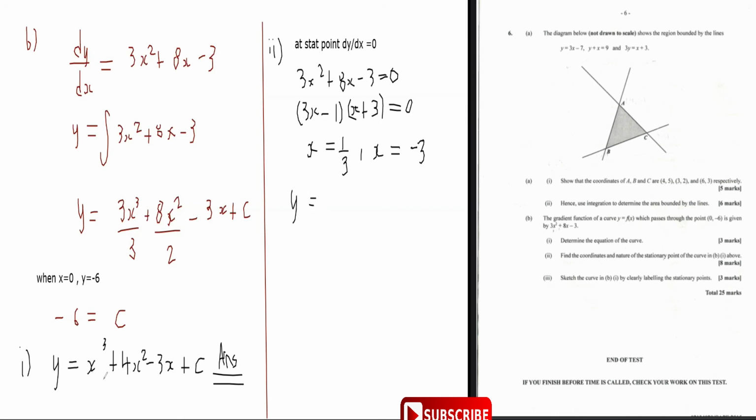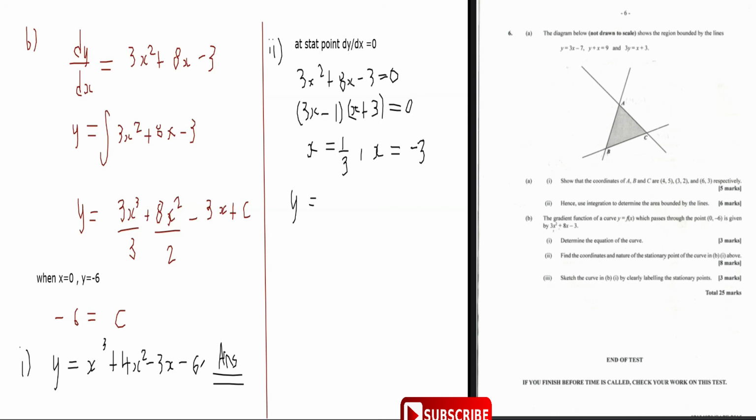So plugging in 1 over 3, we're going to get 1 over 3 cubed plus 4 times 1 over 3 squared minus 3 times 1 over 3. And remember, c is minus 6, so you can change this, not plus c, put minus 6.